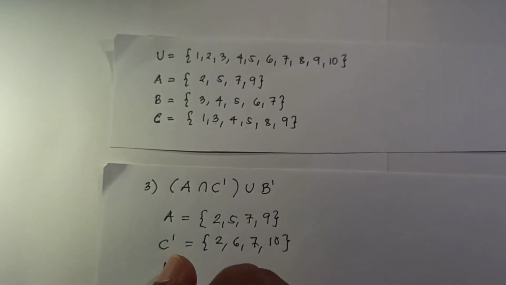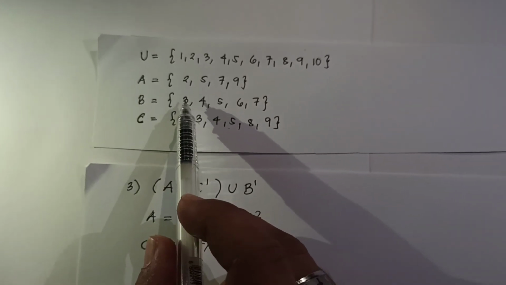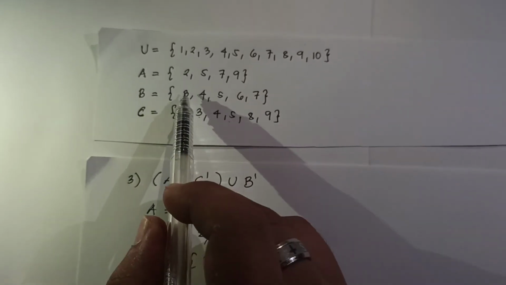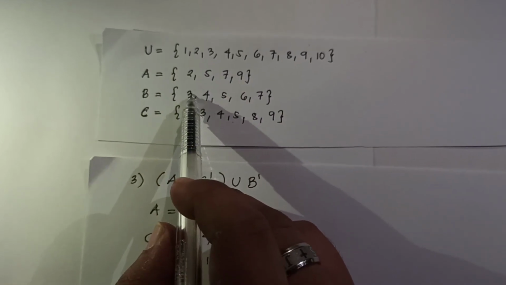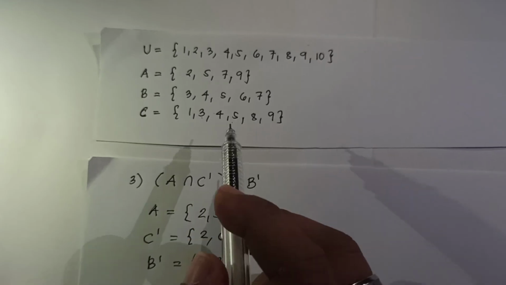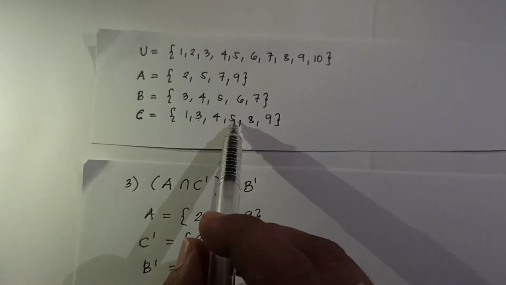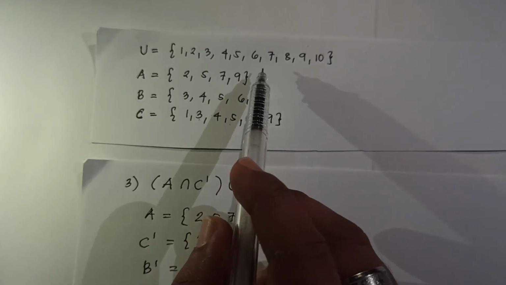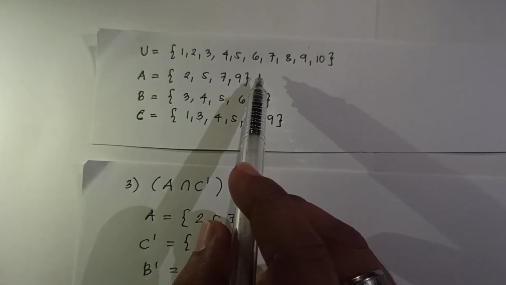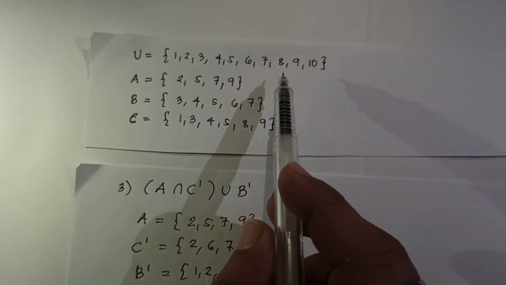Next is B prime. So what is B prime? 1, so copy 1. 2, walang 2, so therefore 2. Next, merong 3, merong 4, merong 5, walang 6 at 7. That is B prime.